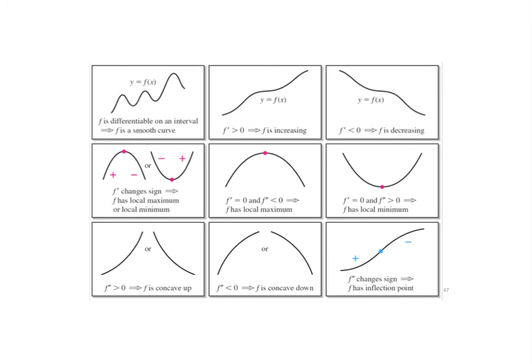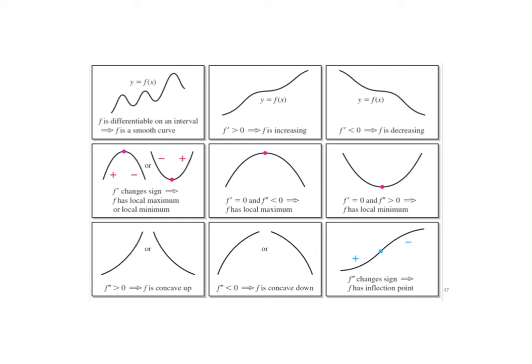First derivative positive means the function is increasing. First derivative negative, function is decreasing. If f prime, the first derivative, changes from positive to negative, that's a local max. If it changes from negative to positive, decreasing and then increasing, that's a local minimum.